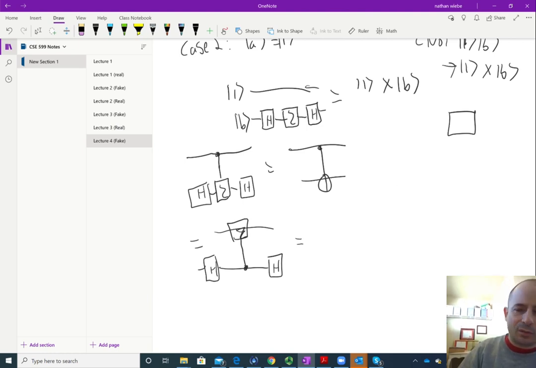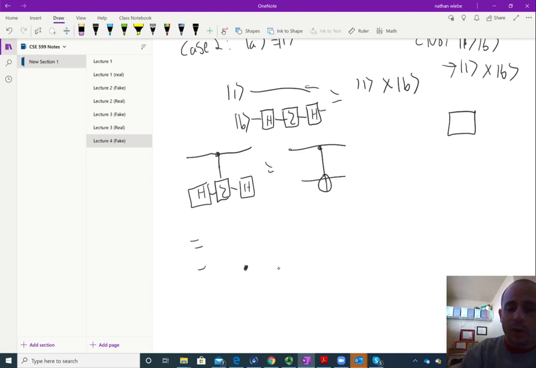Getting my steps a little bit confused here. So, what we ultimately want to show is the identity where the bits are happening on the control.